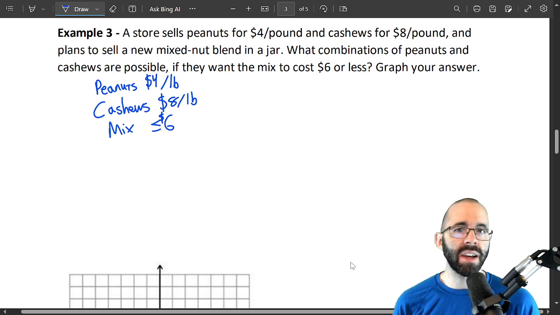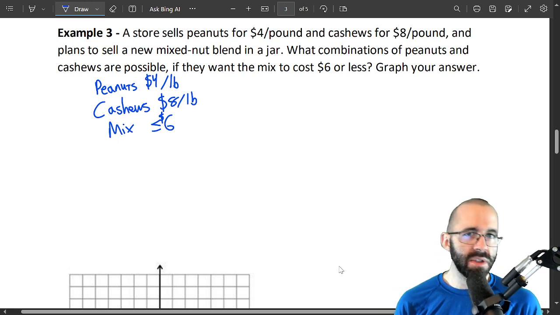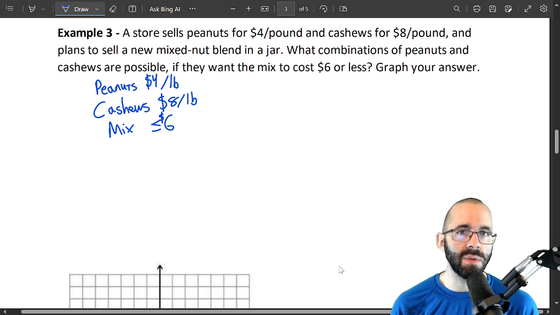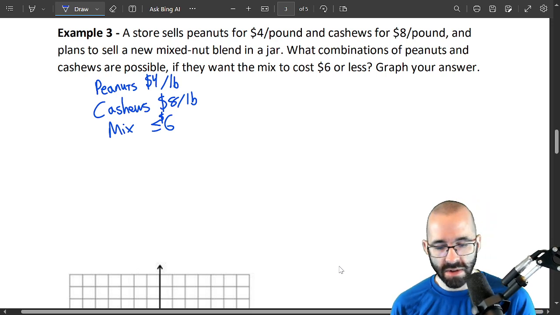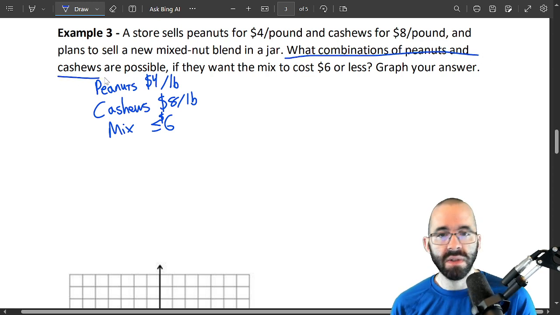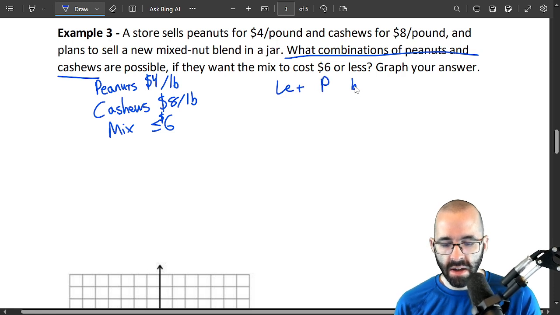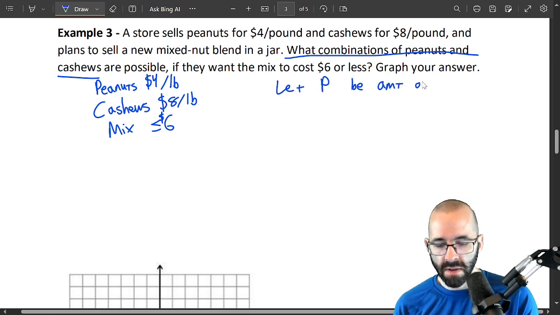So whenever we have an application problem, if you don't know what variables you should use, look at what they're asking you to do. What combination of peanuts and cashews? That tells you the variables. Let P be the amount of peanuts.